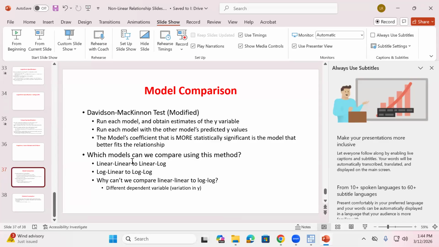Right? If we ever want to compare those models, we have to run a different type of test, called the Davidson-McKinnon. So we'll talk more about that afterwards. We've got to walk before we can run. So today we walked. When we come back from spring break Tuesday, we'll run. Okay.